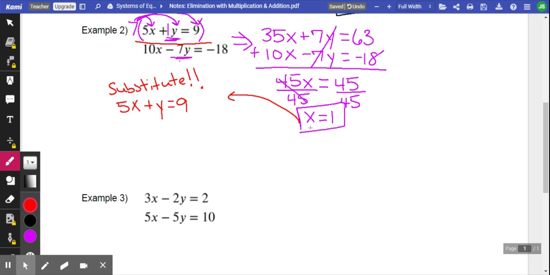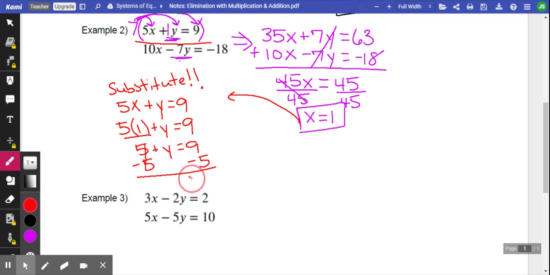So my x is 1, so I'm going to replace my x in my problem. I have a little multiplication to do. 5 times 1 is 5. I've got to get y alone, so I'm subtracting 5 from both sides. 9 minus 5 leaves me with 4.